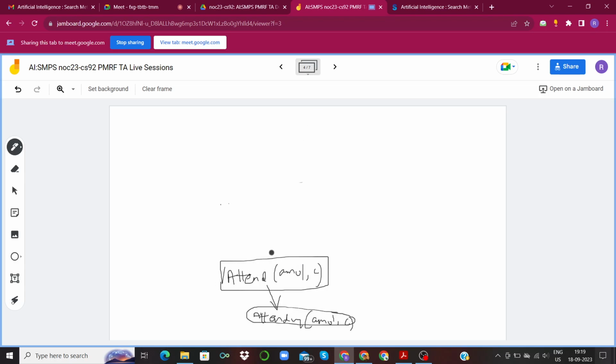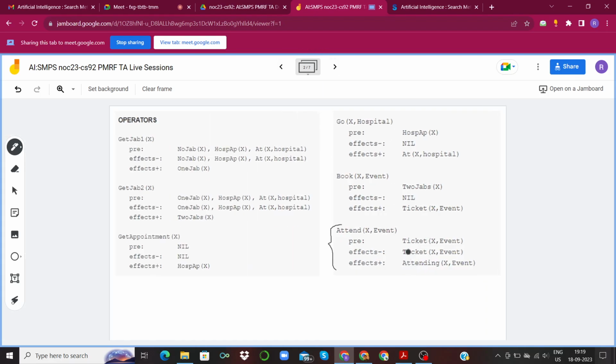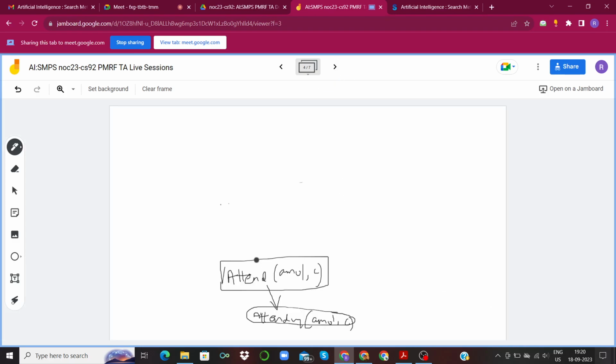Now this relevant operator had some preconditions. What was the precondition for this operator? That x must have a ticket to the event. This precondition will become the intermediate goal that we need to satisfy.